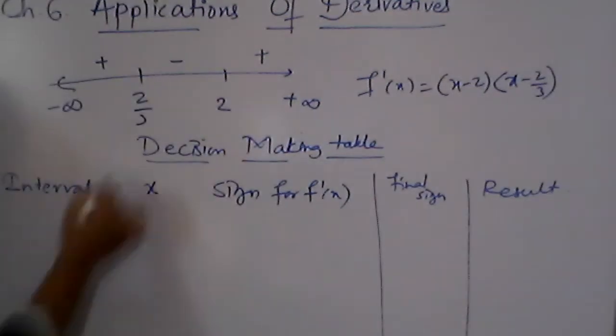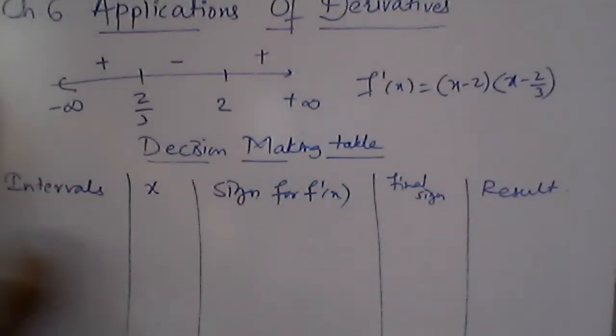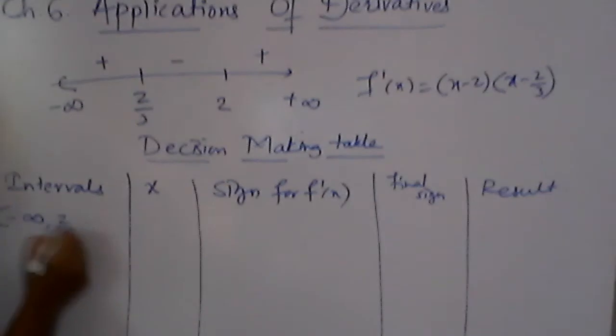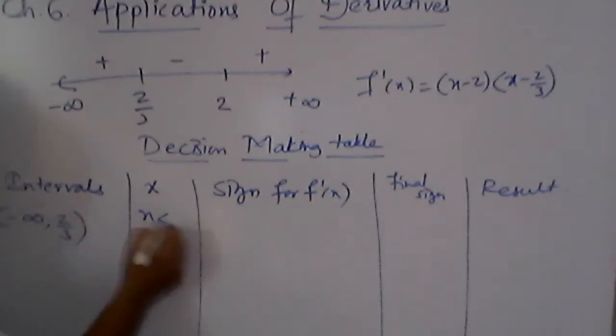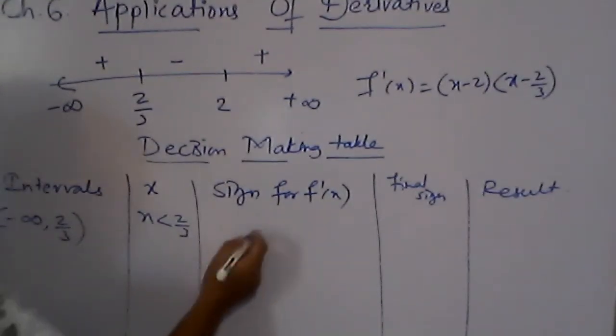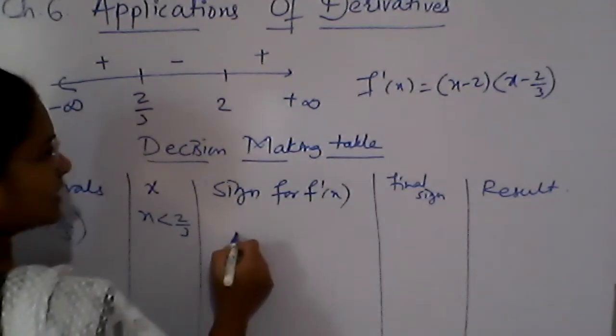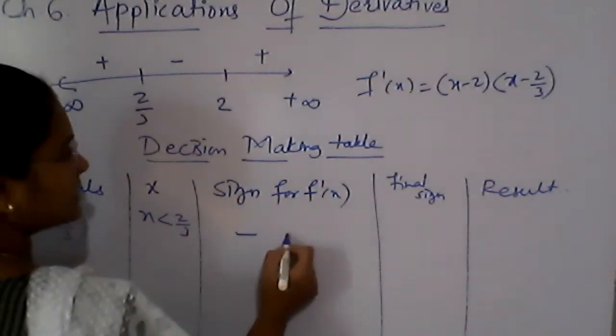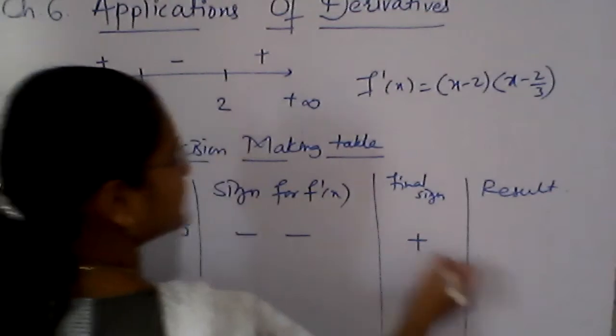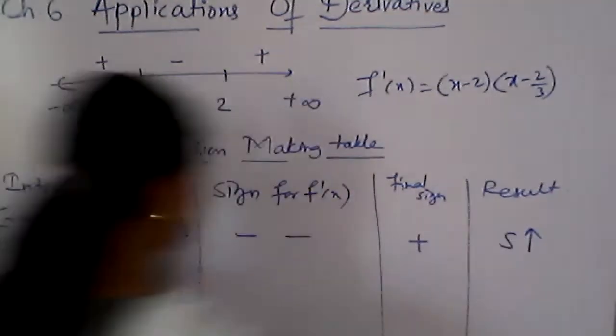In the first interval, minus infinity to 2 by 3, x is less than 2 by 3, so in one bracket it will be negative and here also negative, so the final sign will be positive. It is strictly increasing.